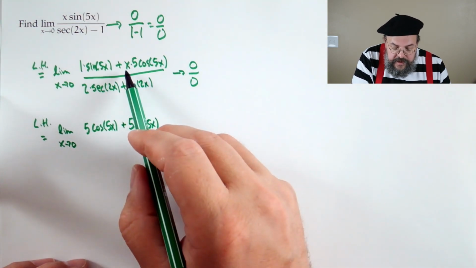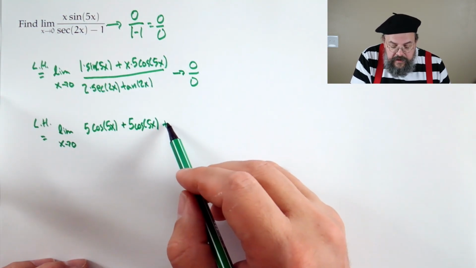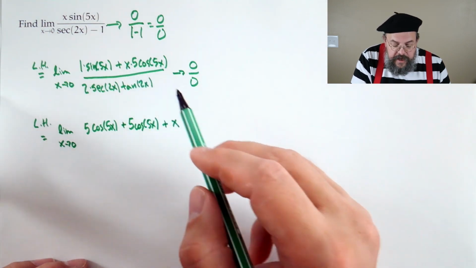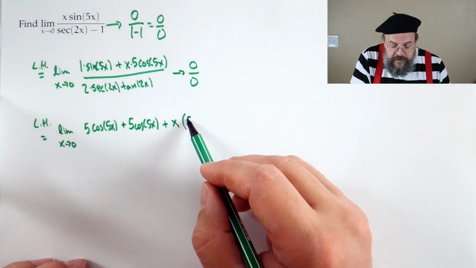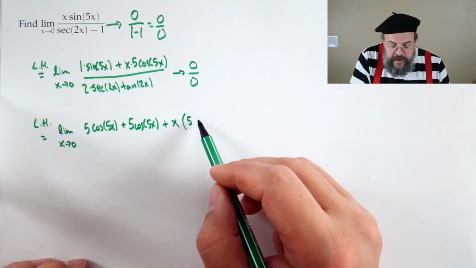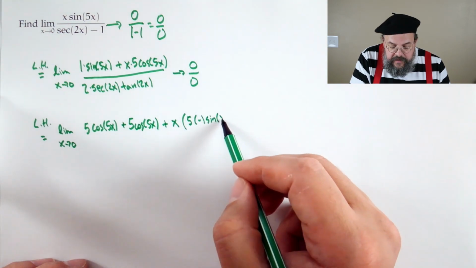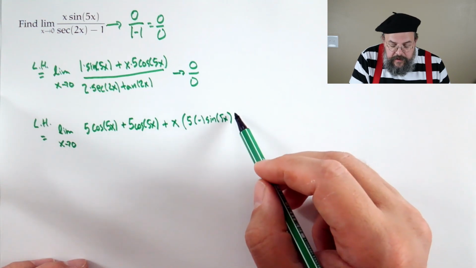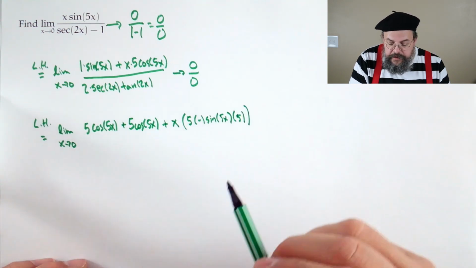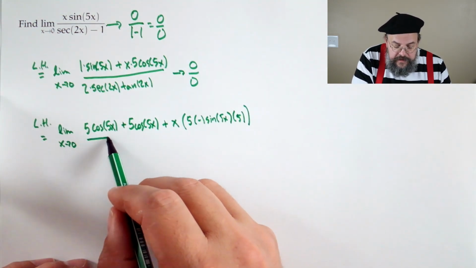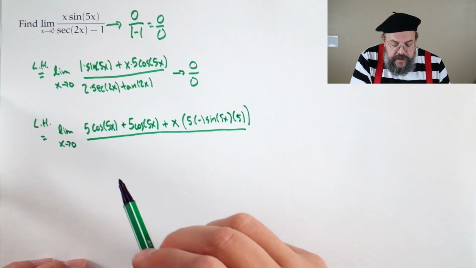So, right, derivative of the first times the second plus the first times derivative of the second. So, that would be 5, derivative of cosine is a minus sine of 5x, and then times another 5 from the chain rule. And all of that is upstairs.